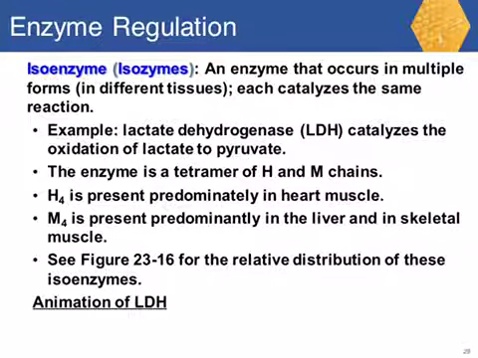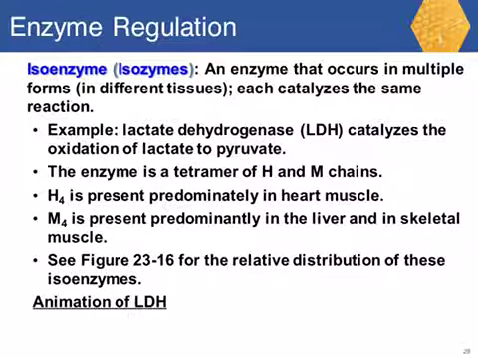So lactate dehydrogenase, LDH, catalyzes the oxidation of lactate to pyruvate in glycolysis. The enzyme is a tetramer of H and M chains. The H4 is present predominantly in heart muscle, while the M4 is present predominantly in the liver and skeletal muscle. They both do the same thing.